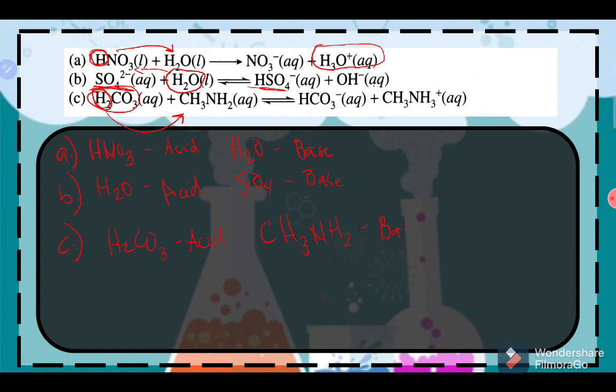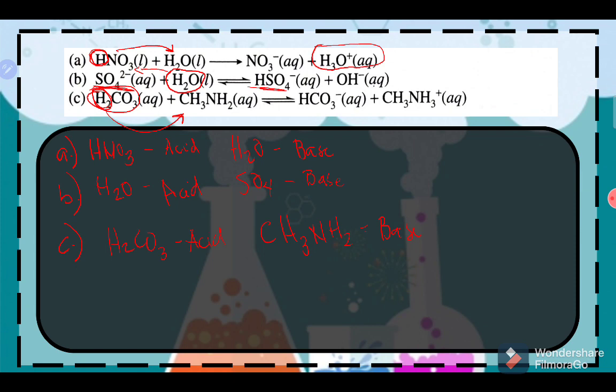Okay? So it is easy for us to identify the substances that are considered to be an acid or a base by merely looking at the reaction. We are going to trace which substance donated the hydrogen and which substance accepted the hydrogen.